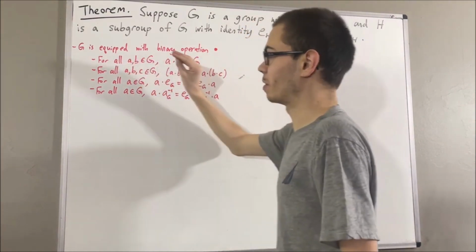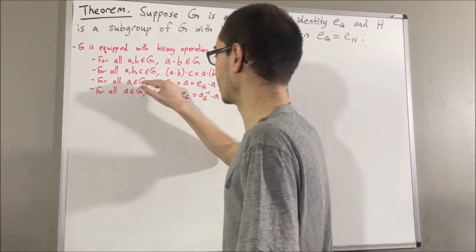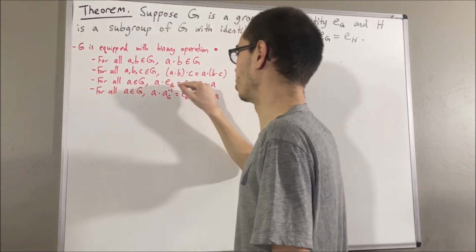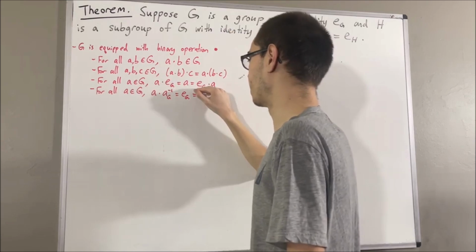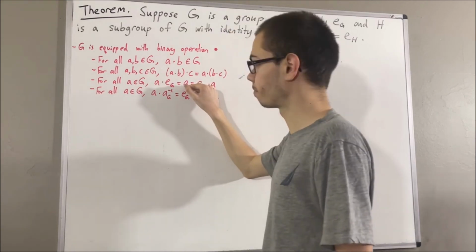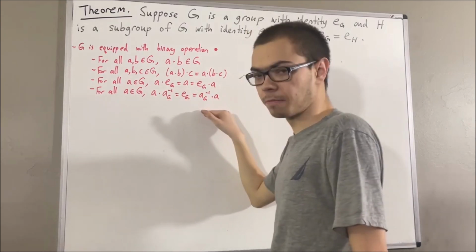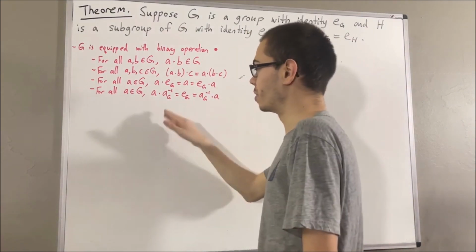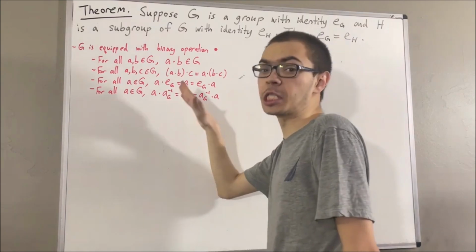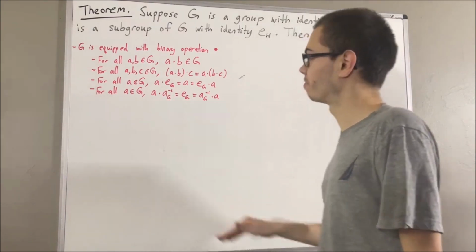The identity element of G tells us for all A in G, A times the identity of G is equal to A, and the identity of G times A is equal to A. And also, every element of G has an inverse. And for now, we are going to denote the inverse of A in G as this.